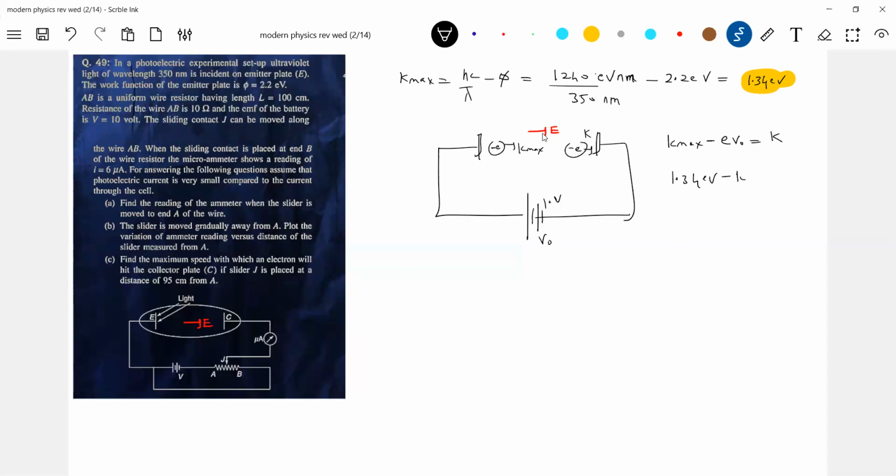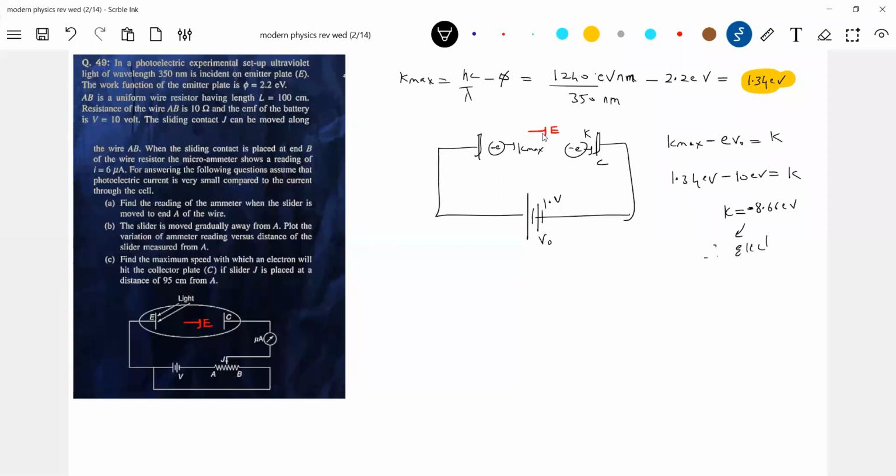This is how much? 10 electron volt. So what do you expect K? K will be some sort of negative, 8.66. Negative means not possible, no? The electron cannot reach plate C, the cathode. So, negative sign.